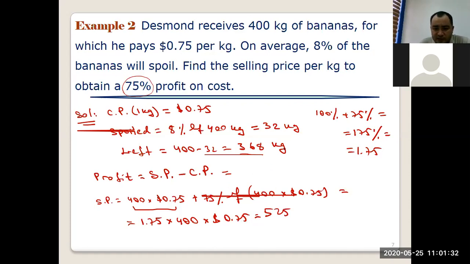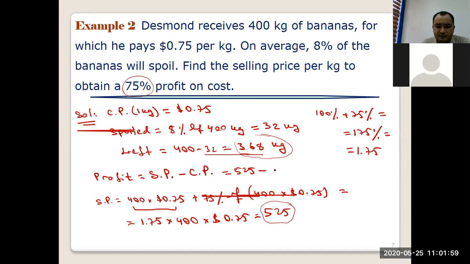So this much we have to sell the bananas for, so that we can make 75% profit on cost. So what must be our selling price? The selling price should be 525 minus the cost price. The cost price is 400 times 0.75.